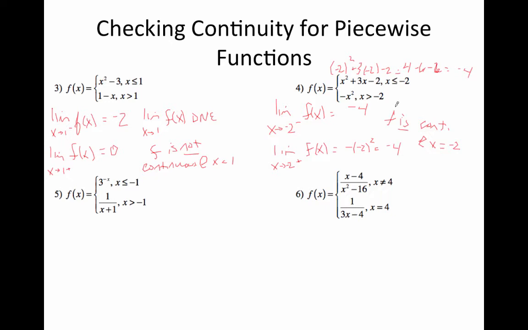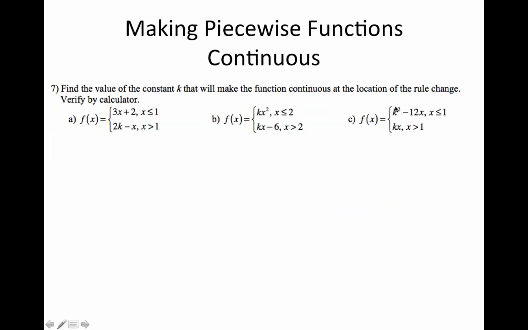Again, we've done a bunch of these before. I'm not going to waste your time and do these with you. You can try 5 and 6 on your own. Again, you're just checking at the break-off point and seeing what goes on from there. The other important question, just to remind you of where we've been, is what if we have a variable in our piecewise function, some sort of parameter k or a or whatever letter they decide to use.